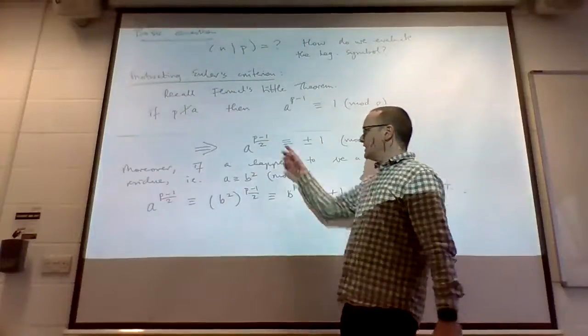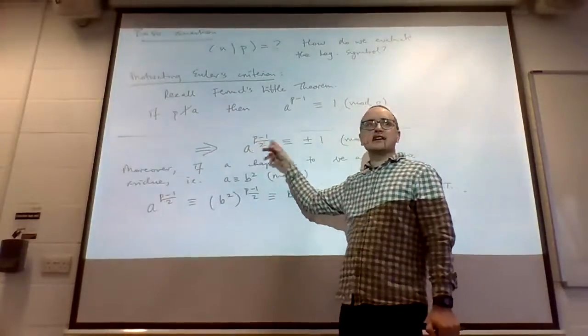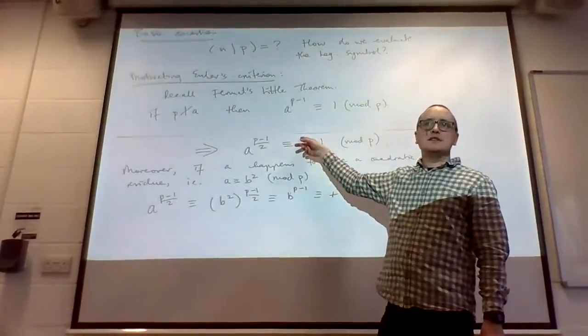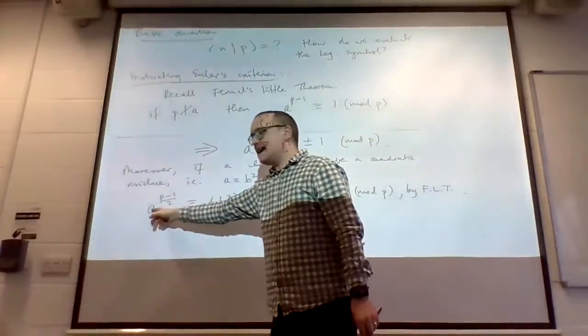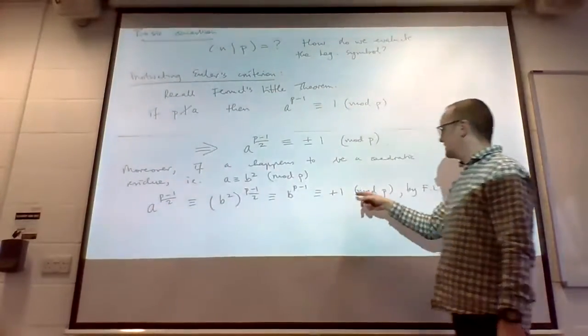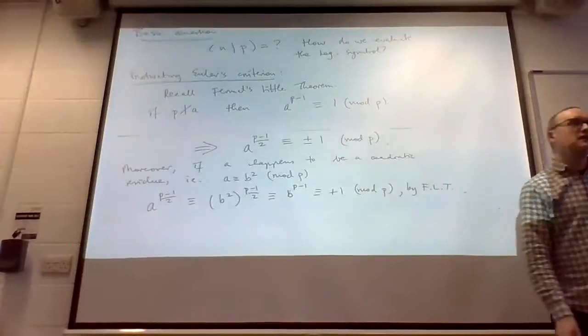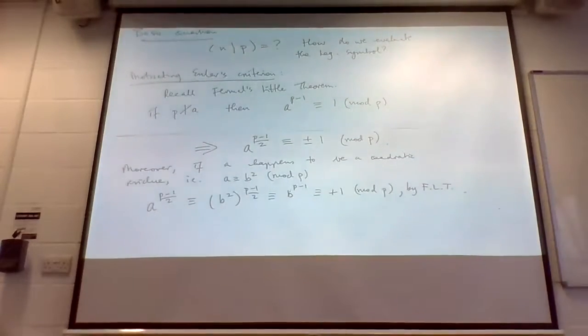So this looks even better. Here's this formula that outputs plus or minus 1. If a is a quadratic residue, it gives you plus 1. So then you've got to think, well, what if a was not a quadratic residue?